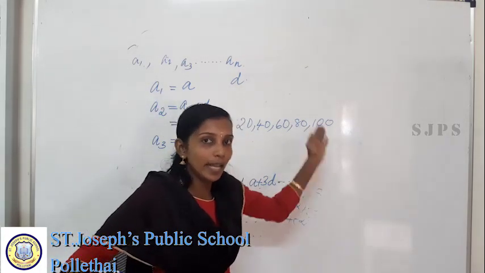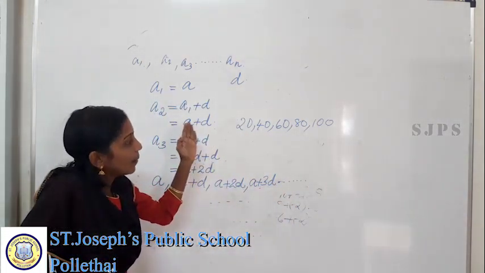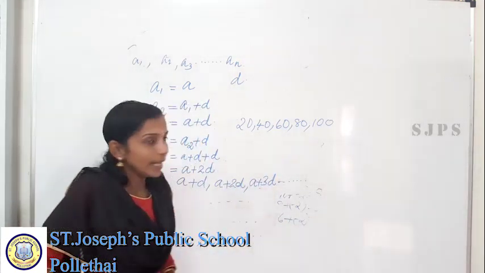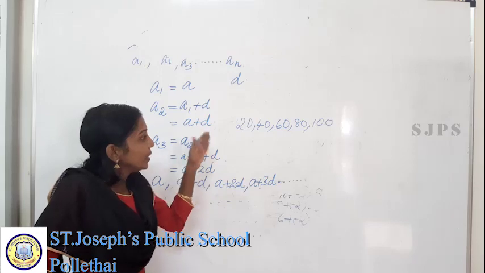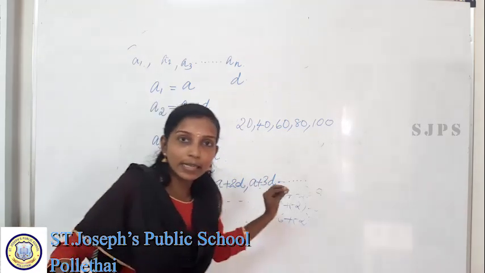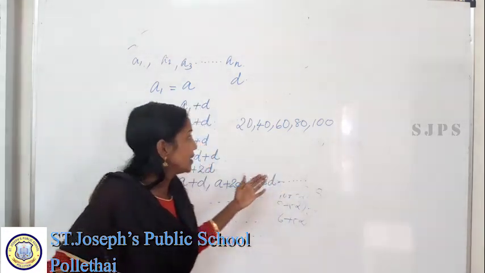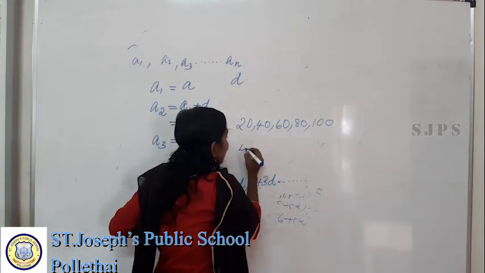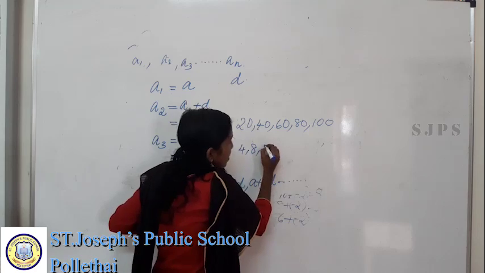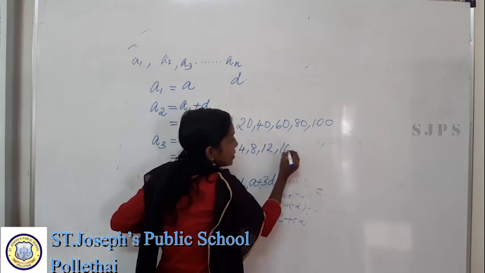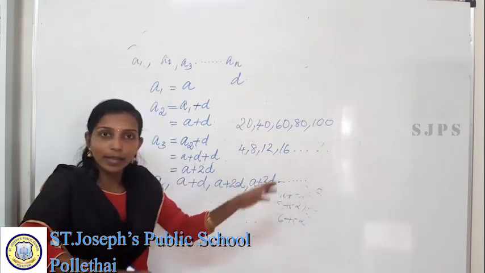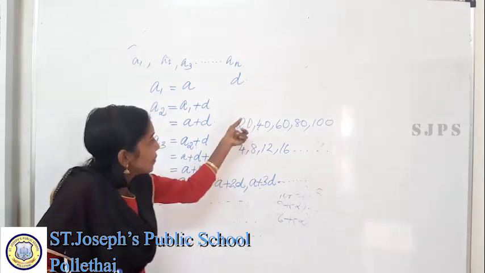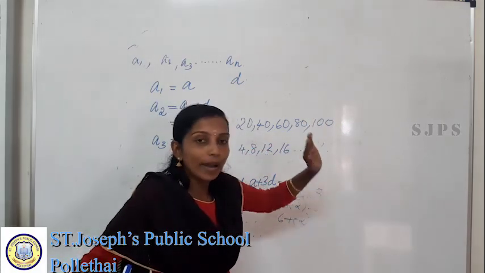If the number of terms is not finite, then it is called an infinite AP, and we don't know which is the last term. An example is 4, 8, 12, 16, etc. So this is an example of an infinite AP, and this one is an example of a finite AP.